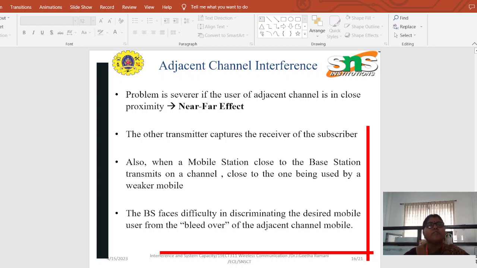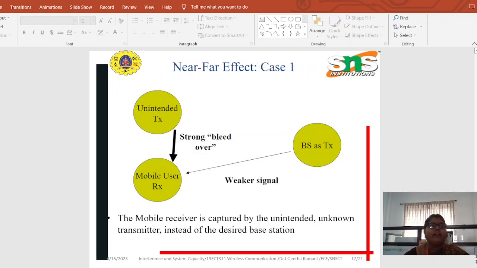Also, when a mobile station close to the base station transmits on a channel close to the one which is being used by the weaker mobile, it bleeds over to the adjacent channel mobile, because when a mobile is moving towards another base station which has a very strong signal, ultimately the mobile is attracted by the strongest base station, isn't it? So that effect is called the near far effect.